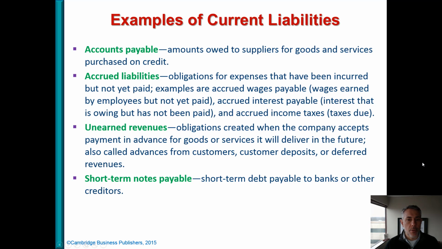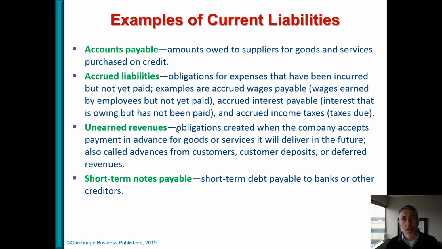Unearned revenues. Similarly, we can have expenses that have accrued but not paid out, and we can have revenues that have been collected but not yet earned. Just like we can prepay our rent, if we are the landlord and we receive prepaid rent, that would normally be recorded as revenue on the books of our company.